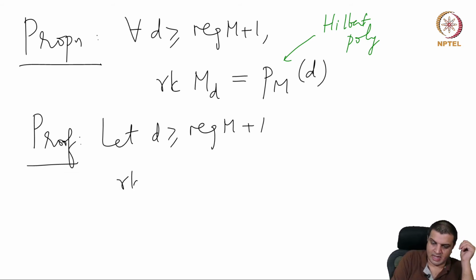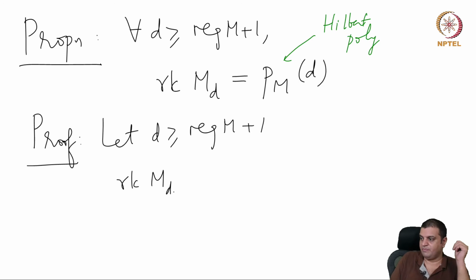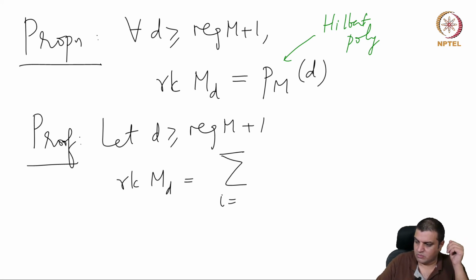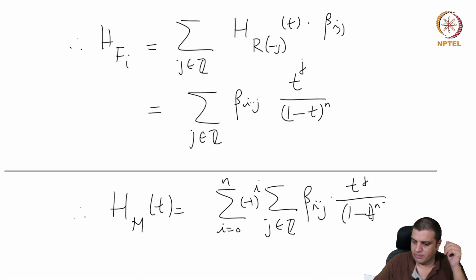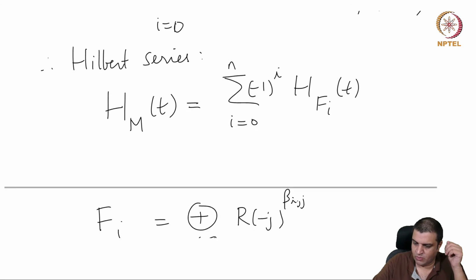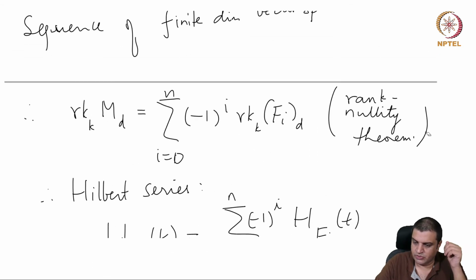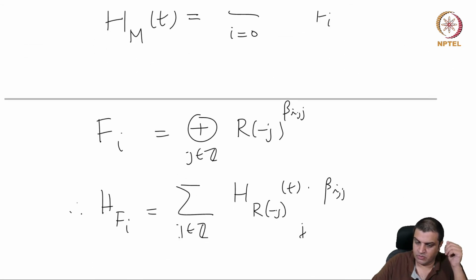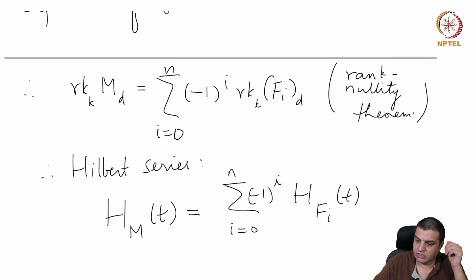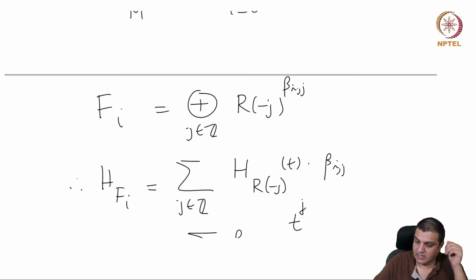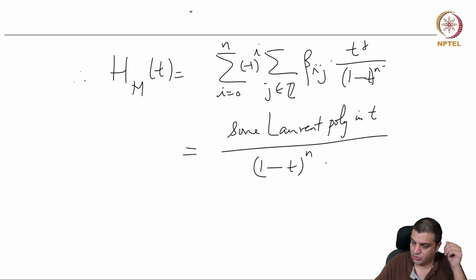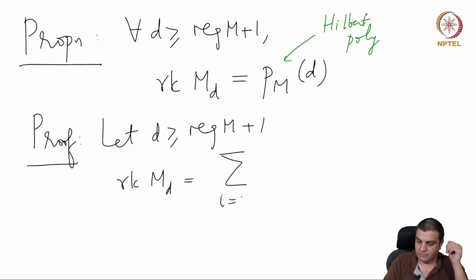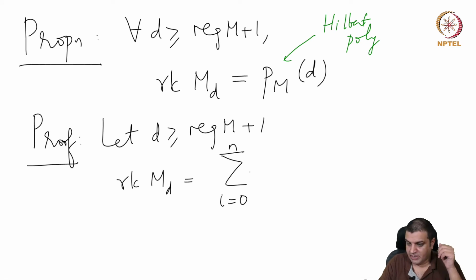Then the rank of M in degree d is, here we wrote the Hilbert series, but we can go back to the earlier expression and put this inside there to rewrite it. So the rank is the sum over i from 0 to n of minus 1 to the i.